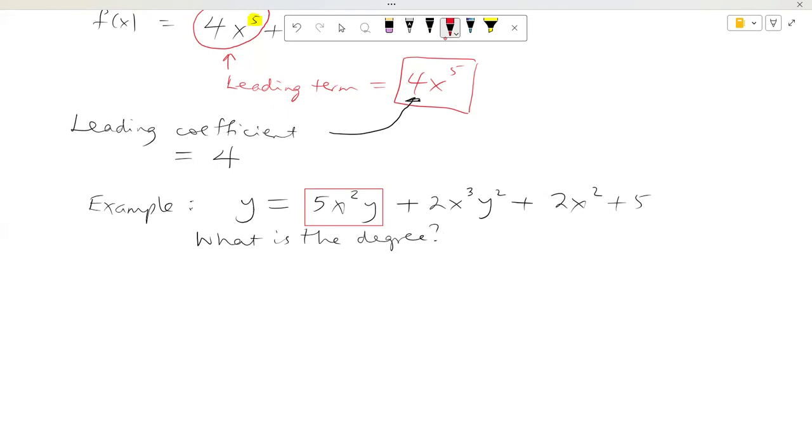So if I take the first one, the degree of 5x squared y, remember, we have an invisible 1 here. So you add up the exponents. It's 2 plus 1, and that is going to give us 3. So this term is a third degree term.